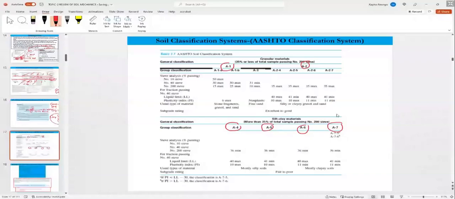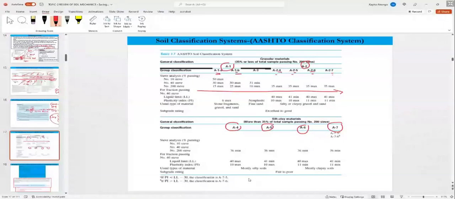Now, A-1 is classified as A-1-a and A-1-b. A-2 is classified as A-2-4, A-2-6, A-2-7. Now, in the classification, as we go to the right, the quality of the soil to use becomes worse and worse.